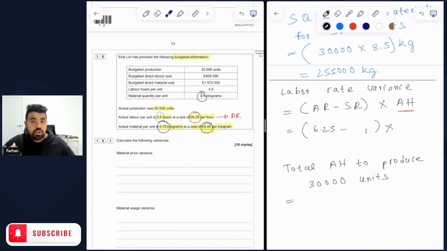So what are the total number of hours we would need to produce 30,000 units? We multiply 30,000 with 3.5. So 30,000 units multiplied by 3.5 hours per unit gives me the total number of hours that the labor would need, and that is 105,000 hours.